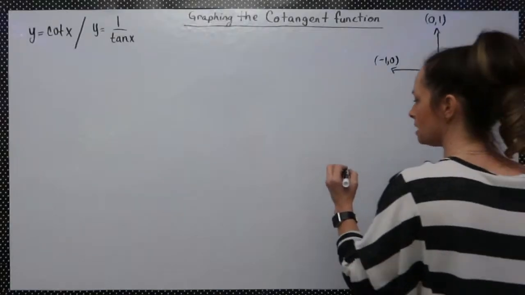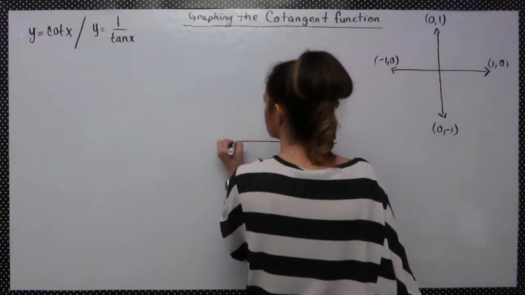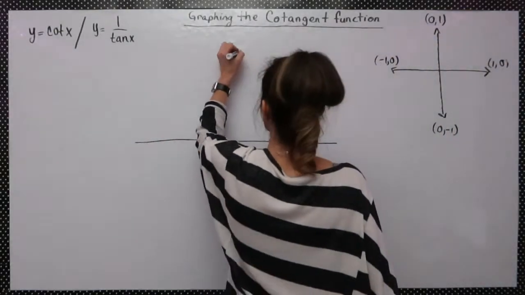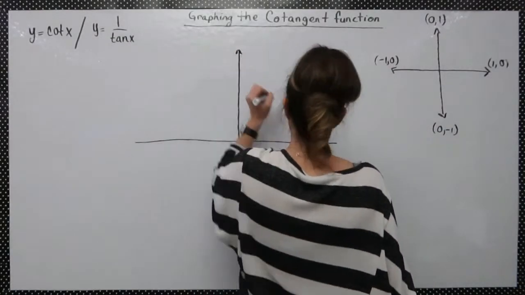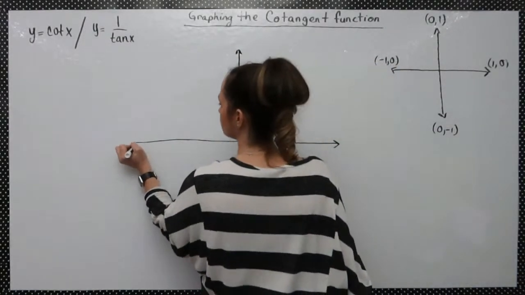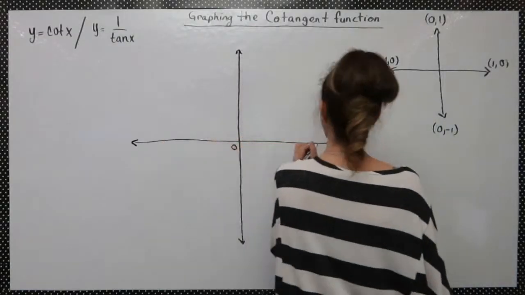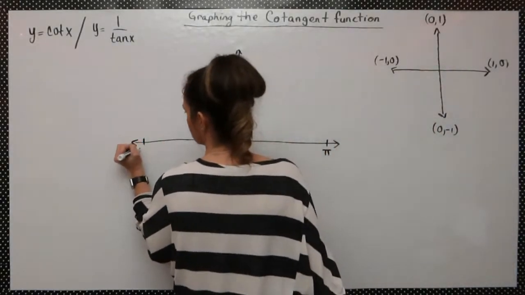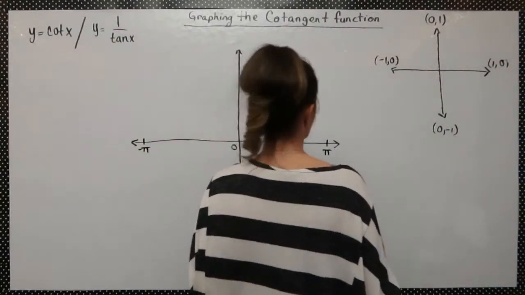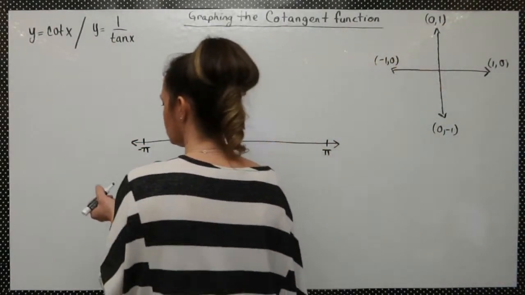And we'll go ahead and sketch our Cartesian coordinate system about the origin. I'm going to take it out to pi and negative pi. And we'll go ahead and get our table going.